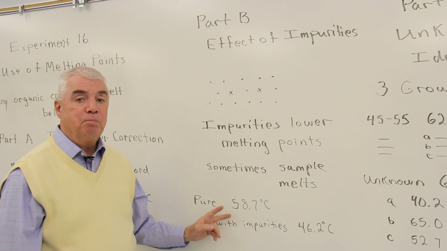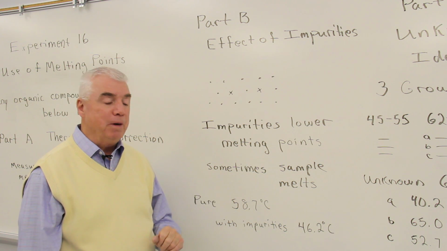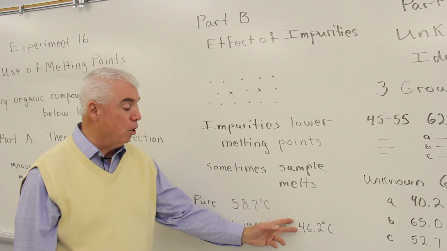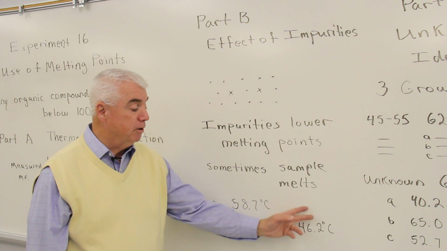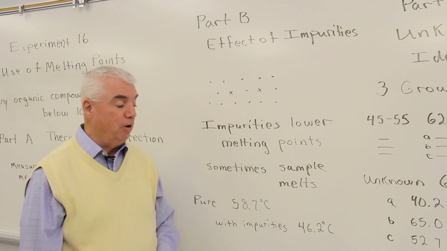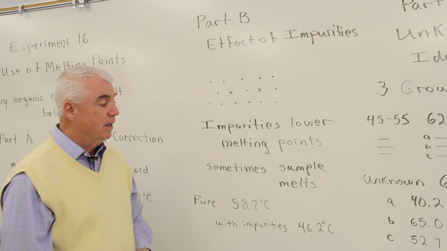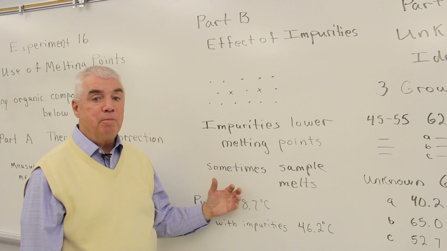And then I mix some impurities with it and take another melting point. I might find that the new melting point has been lowered 10 or 20 or sometimes even more degrees centigrade, 46.2 in this case.